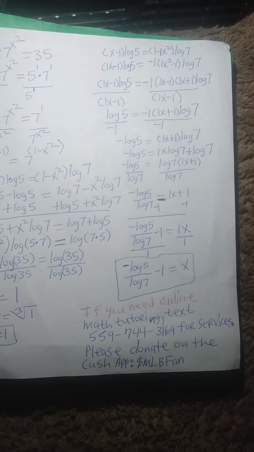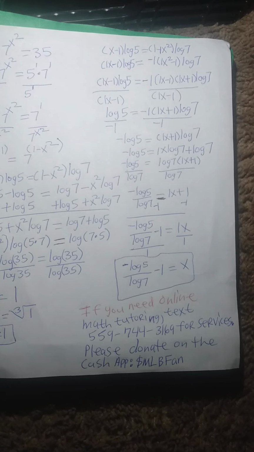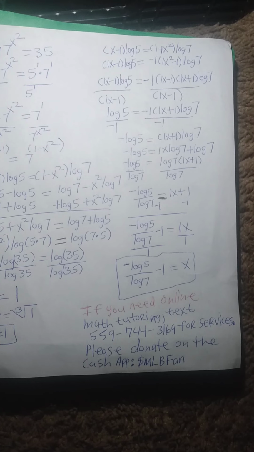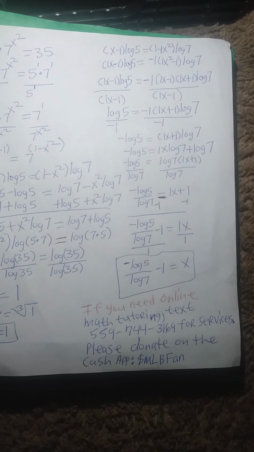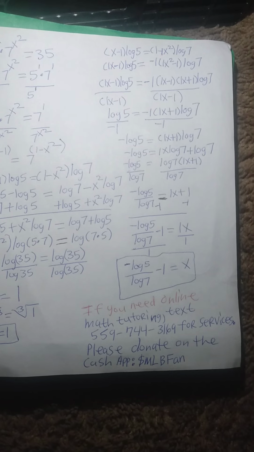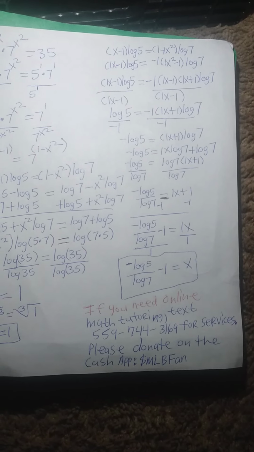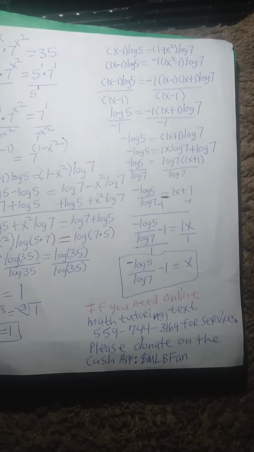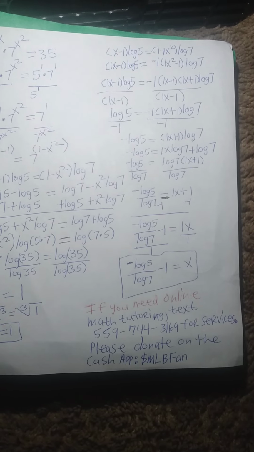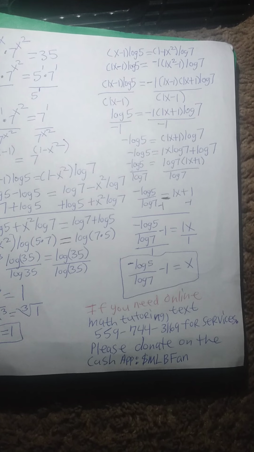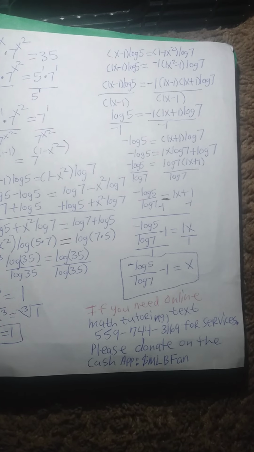Then we need to divide both sides by x minus 1, and we will obtain log 5 is equal to negative 1 times x plus 1 log 7, and divide both sides by negative 1, and we will have negative log 5 is equal to x plus 1 times log 7.